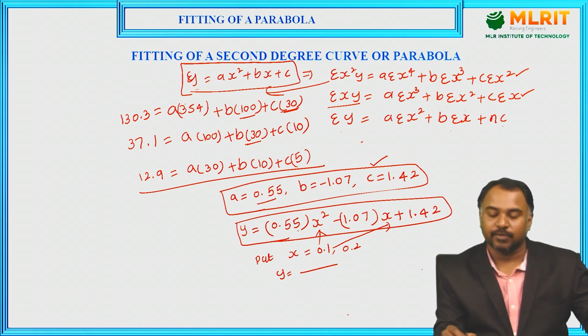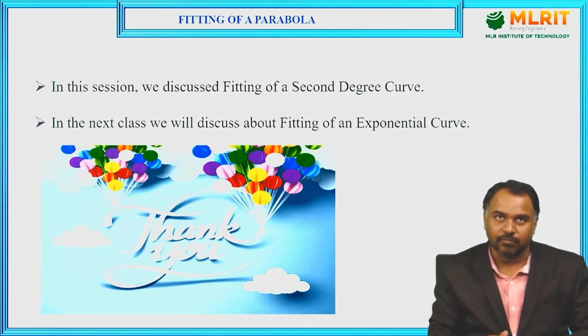For the data we have constructed the second degree curve. This process is called fitting of a second degree curve. In this session we discussed fitting of a second degree curve, or parabola. In the next lecture we are going to discuss fitting of an exponential curve.